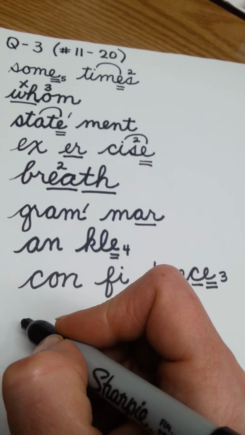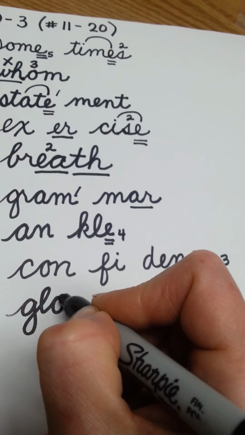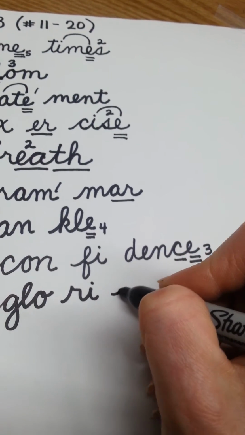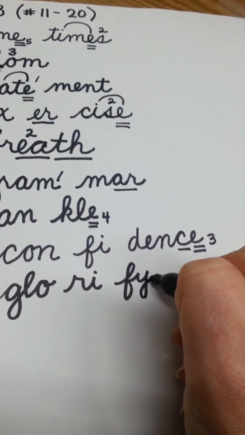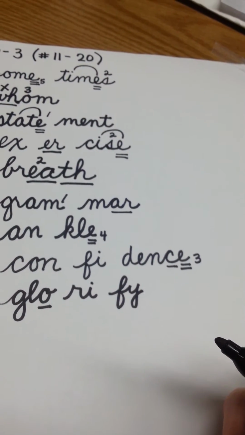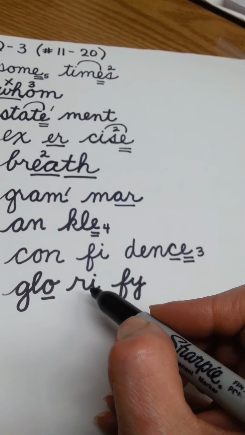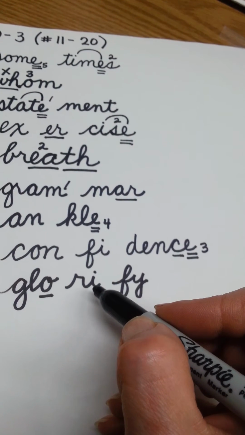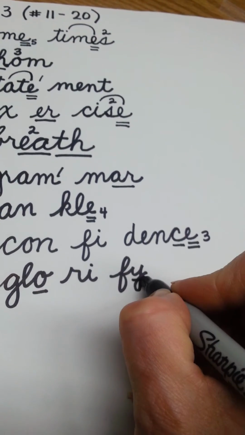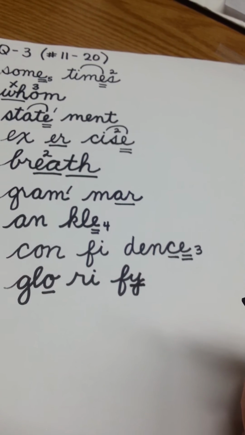Glorify. Dictate. Glow. G, l, o, r, I, fi, I. We're going to underline the O because O says O at the end of a syllable. I and Y usually say I at the end of a syllable, but may say I. And here we have fi, we have I saying I at the end of the syllable.